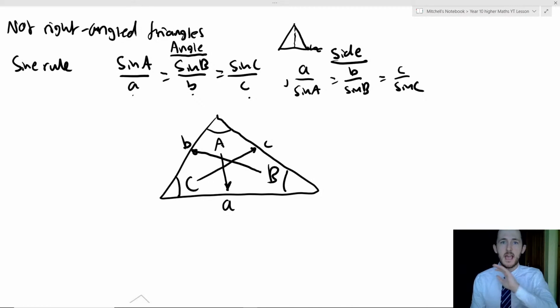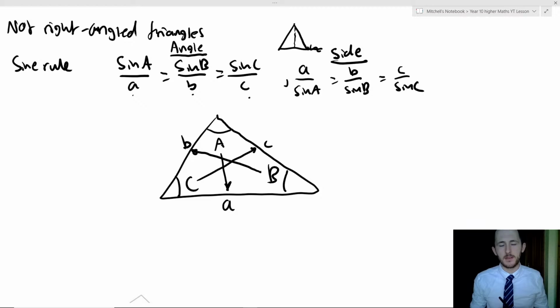That matters, everything else doesn't. So if you label this B, A, C instead, so rejig all the letters around, as long as the capital letter is opposite the lowercase letter, you're fine. You can easily label it backwards if you want. Swap all of the B's and C's around and then all the A's and B's around, you still get something that works perfectly fine.